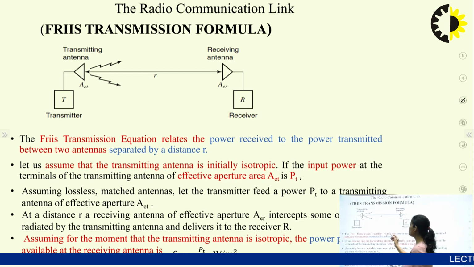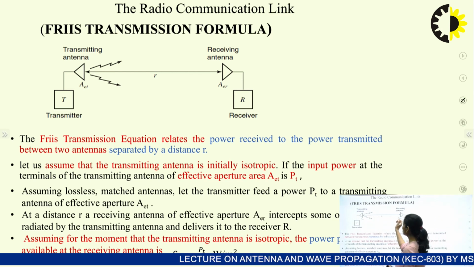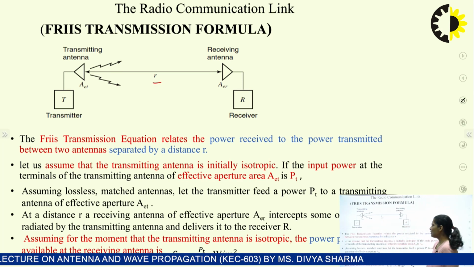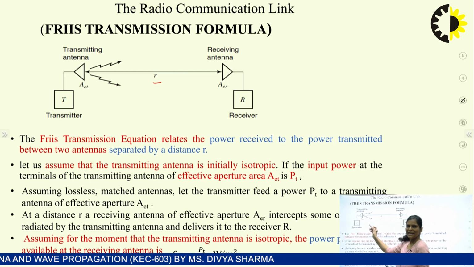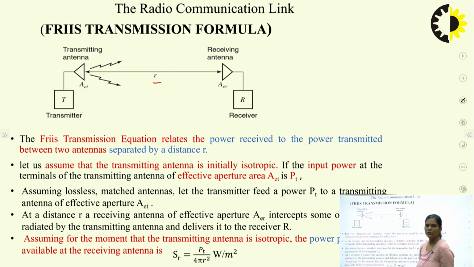Friis transmission relates the power received to the power transmitted between these two antennas, and the distance between them is r. Let us assume the transmitting antenna is initially isotropic, which means you are considering the ideal condition.